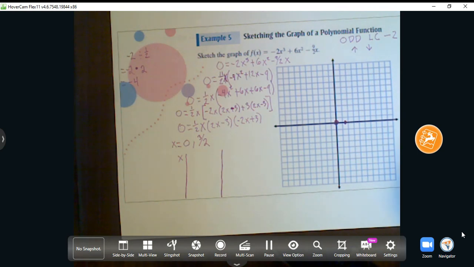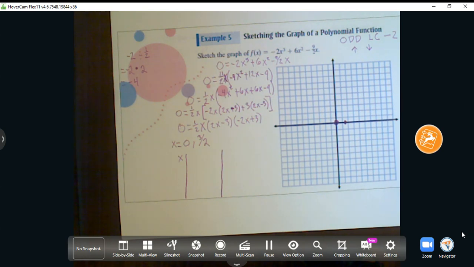So, looking at our graph, we want to pick numbers that are in between each of the kind of areas that we're talking about. So notice that our x-axis is broken up into 3 different kind of areas.